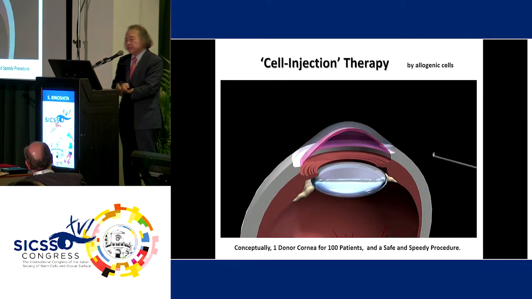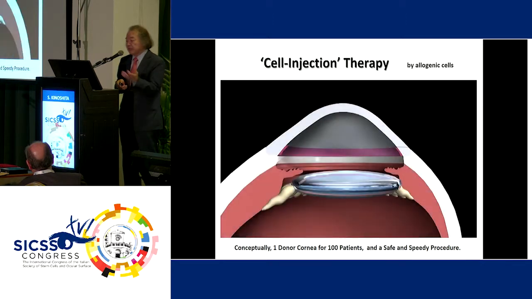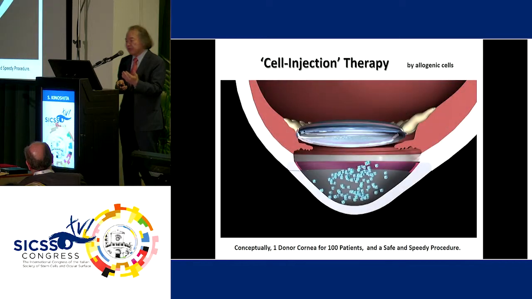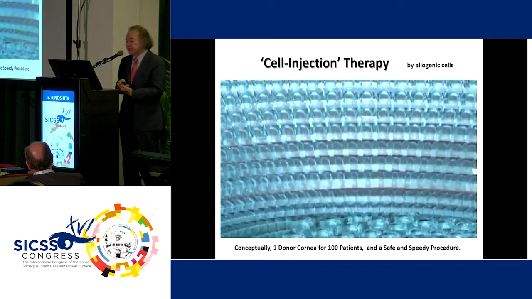We have been proposing cell injection therapy using allogenic cells. These cells come from donated cornea. We remove material on the Descemet membrane, inject the cultivated endothelial cells with a ROCK inhibitor solution, and the patient holds a face-down position for 2 to 3 hours.